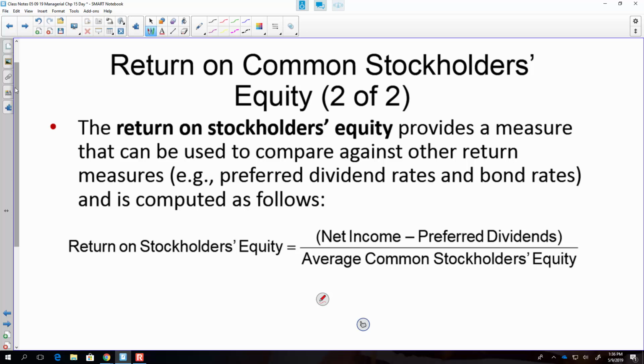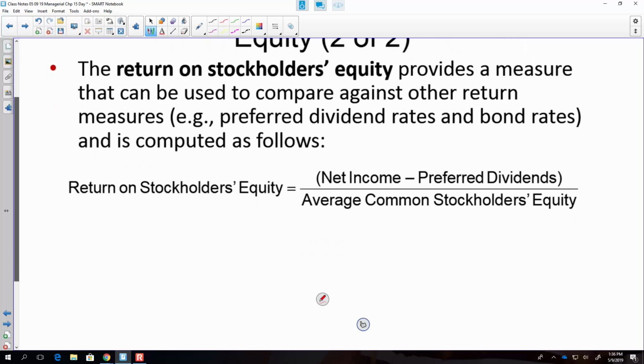So how do we compute it? It's a division, and the formula is here. You'll notice that when we're looking at stockholders' equity, we are looking at the common shareholders. That is why we take our net income and subtract the preferred dividend.